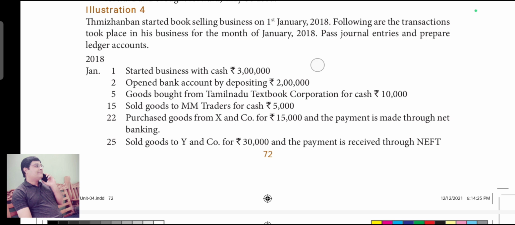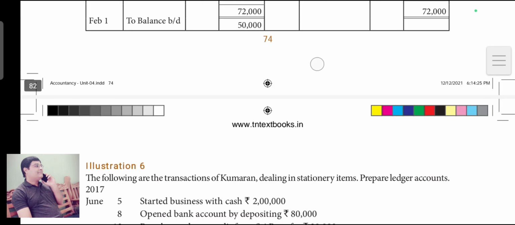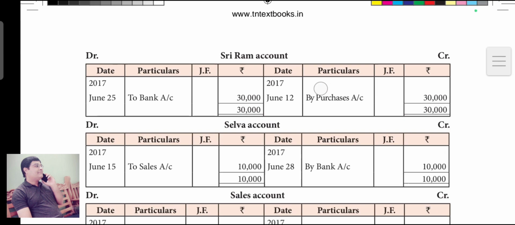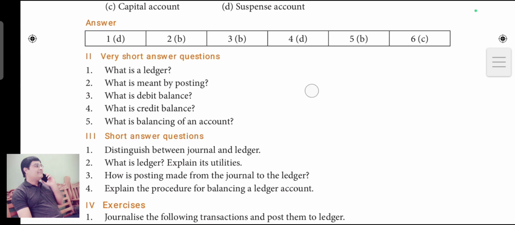This one, page number 72, illustration 4 is important. Then we'll move on to next, the theory part.